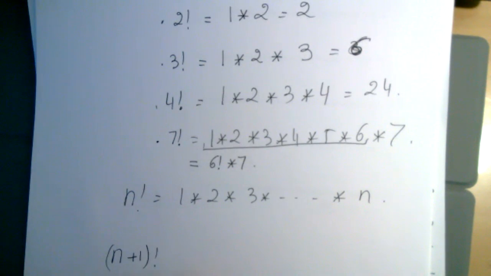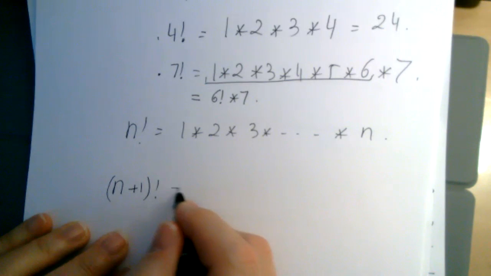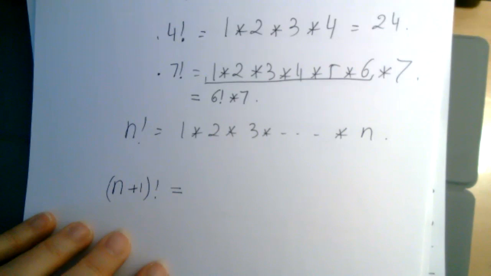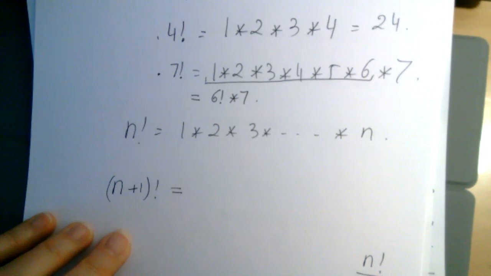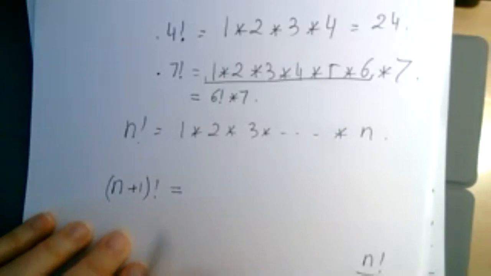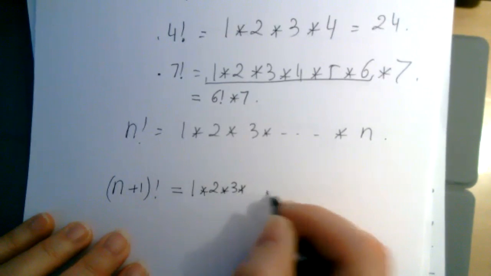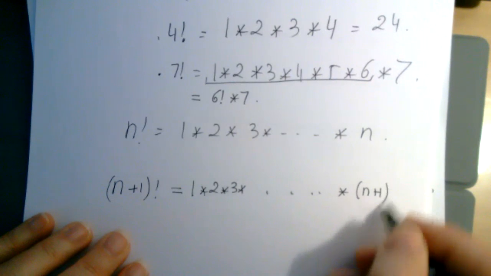Why is this important? It means if I have n plus 1 factorial, how can I write this in terms of n factorial? Can anybody give me the answer on the chat or speak it up? So I want it in terms of n factorial. Let's see, what's n plus 1 factorial? It means you keep multiplying, and the last term has to be n plus 1.